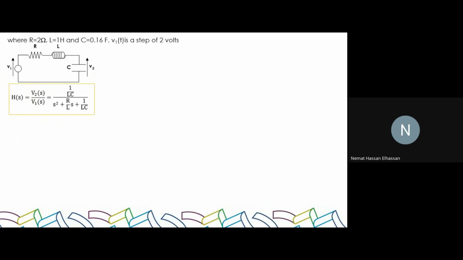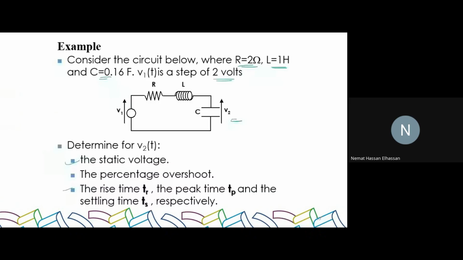Now we have values of components, and the first thing we need to know is the static voltage. The question says, first thing, evaluate the static voltage. So what does static voltage mean? Static means the steady state voltage after the ripples, after the initial transient state. What is the final static value?